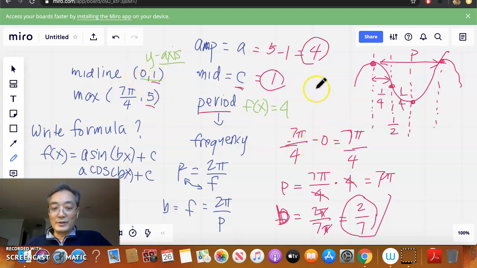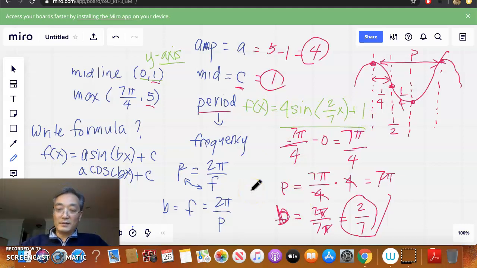So it's 4 sine of the frequency 2/7 x, and then the midline, plus 1.